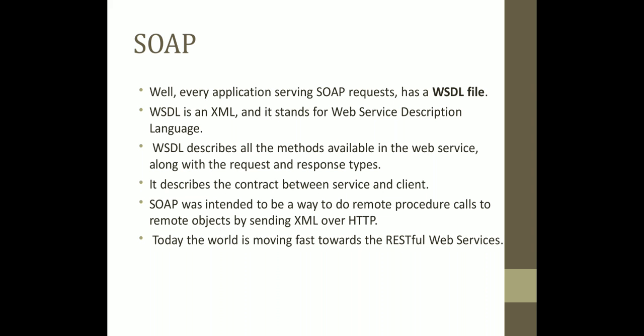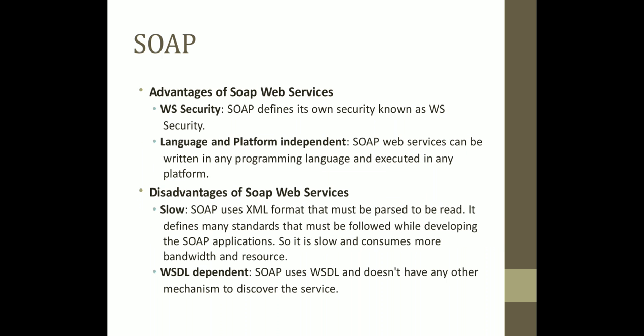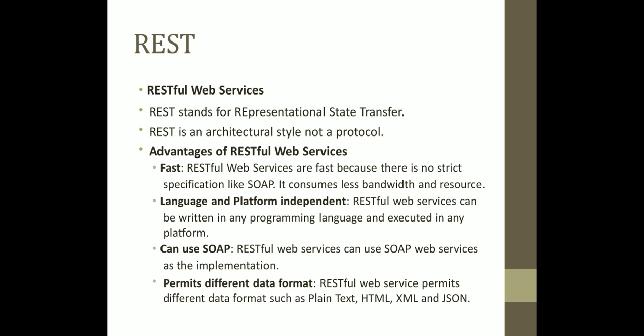Today, the world is moving fast towards RESTful web services because SOAP has disadvantages: it is WSDL dependent, because in each application there must be a WSDL file along with SOAP web services, and it is slow also.